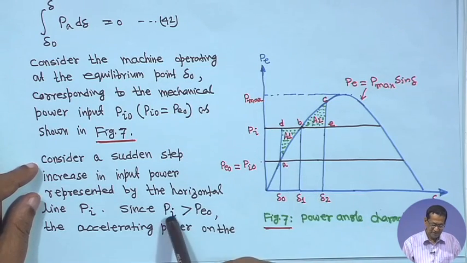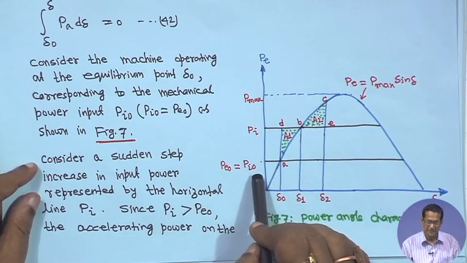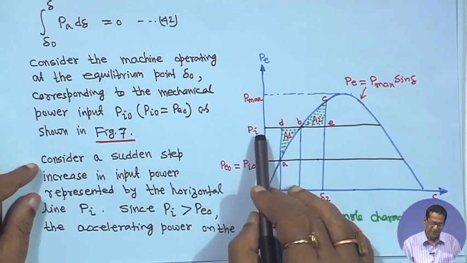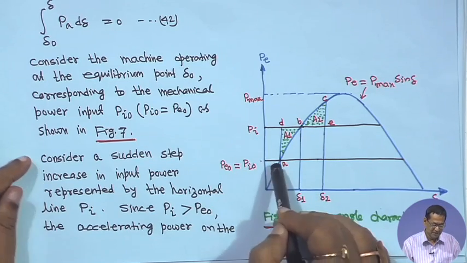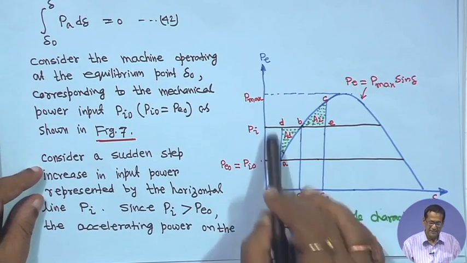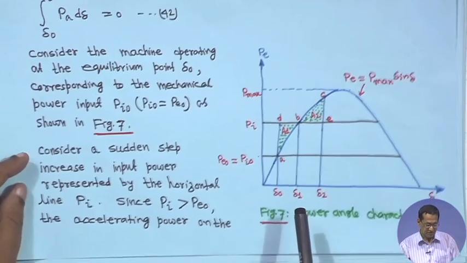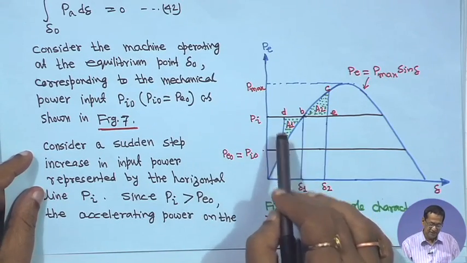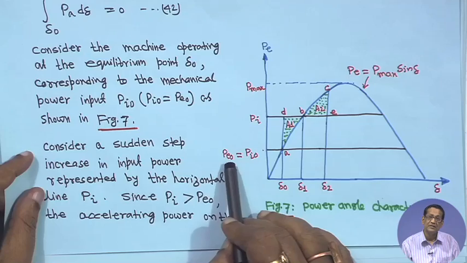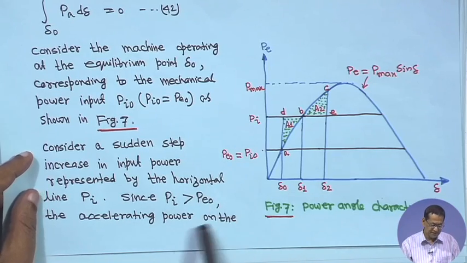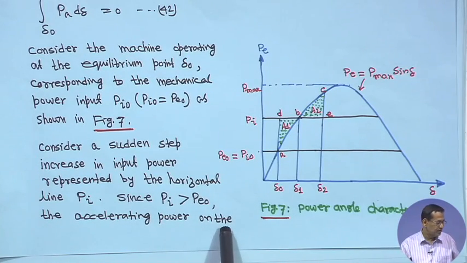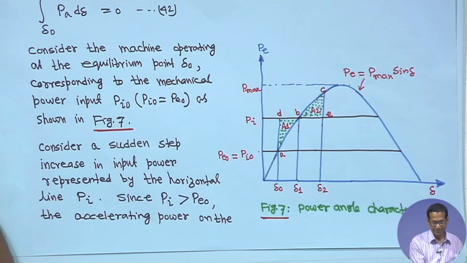That means Pi is greater than P0. Suddenly the input power is increased. In that case, the accelerating power on the rotor is positive, and the power angle δ increases.